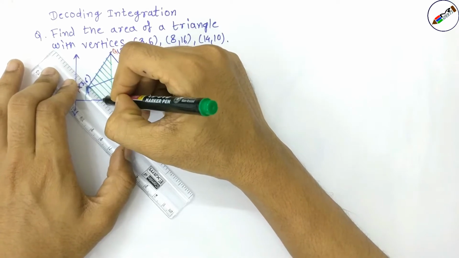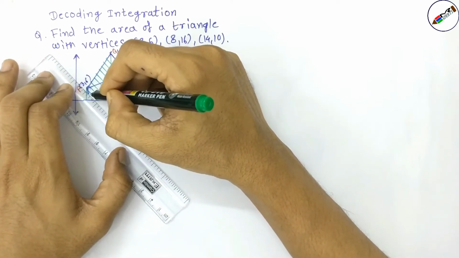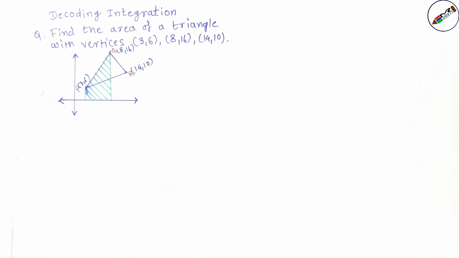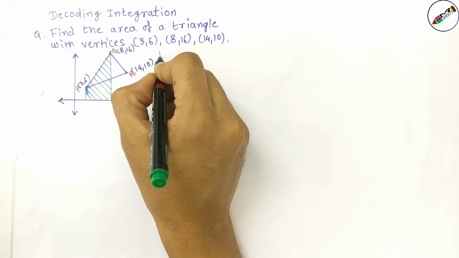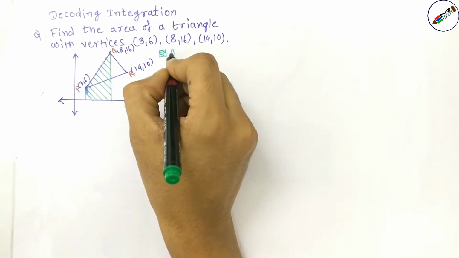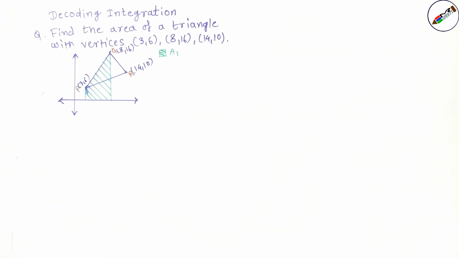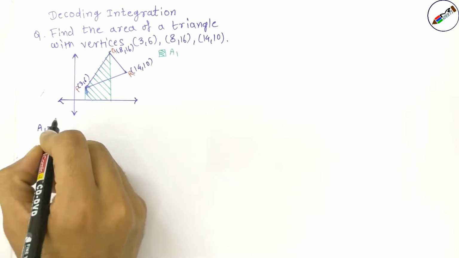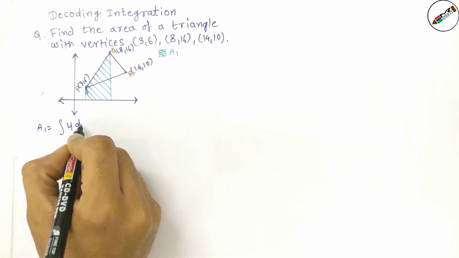Now this area A1 is under the line segment PQ. So how to calculate it using integration? The formula for area A1 using integration would be integration y dx.